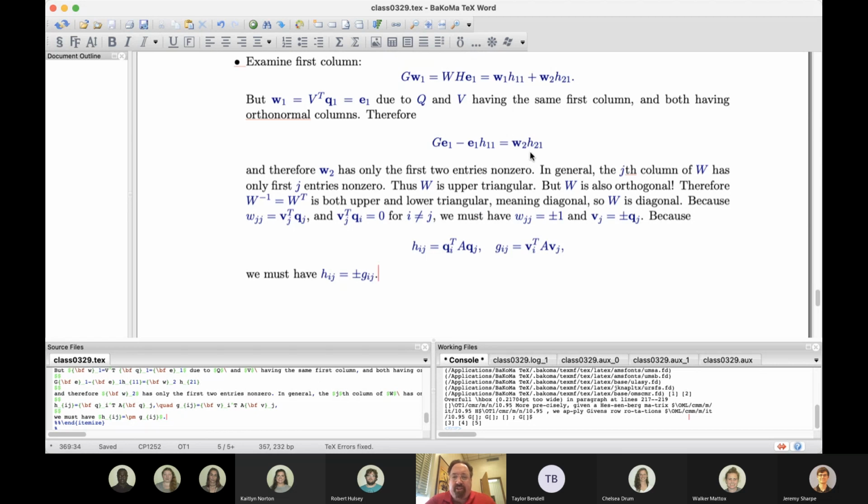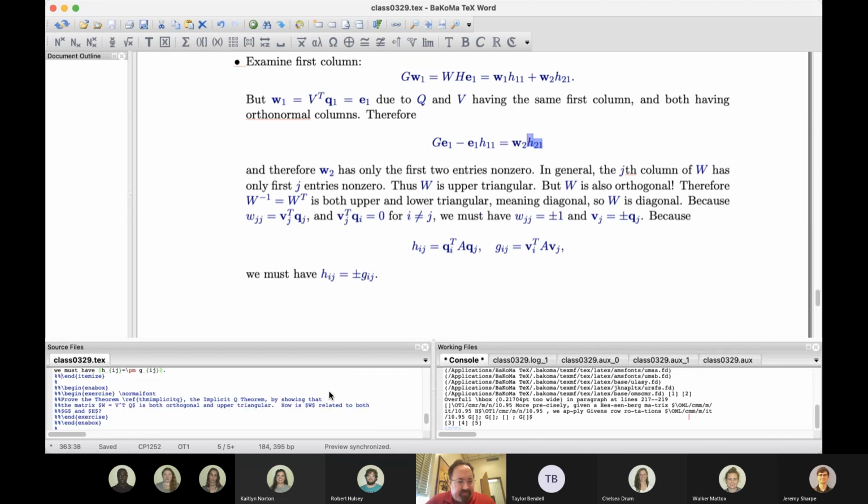Also, the assumption that H is unreduced is important. That's what guarantees that this is non-zero. That's important for that. Okay. All right, so that's one useful property of Hessenberg matrices.